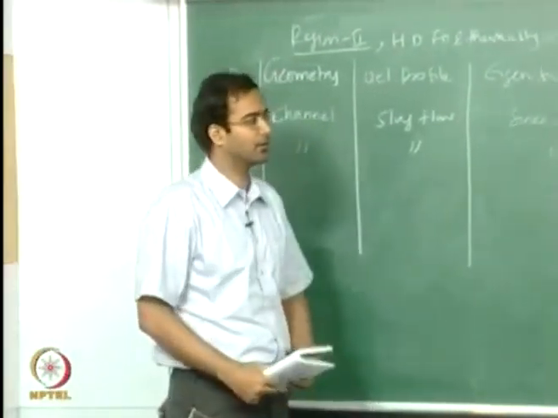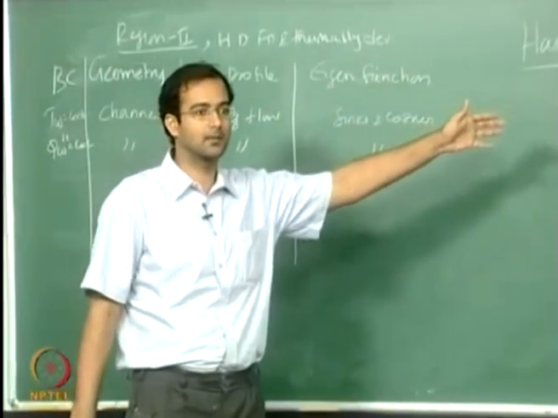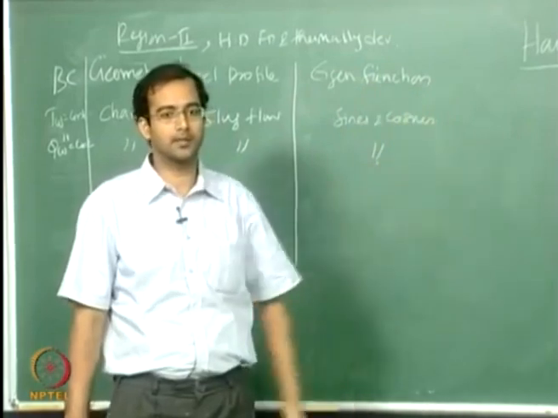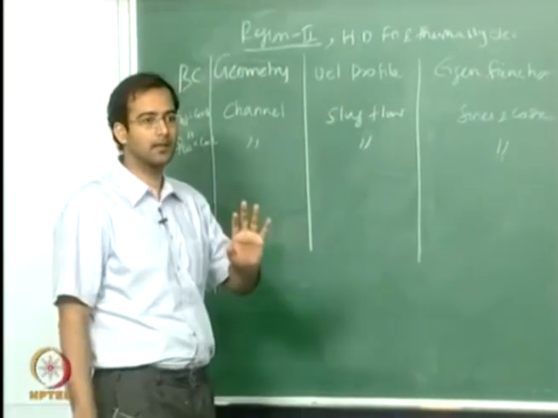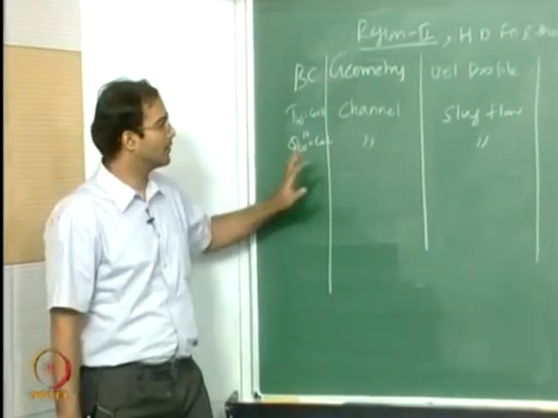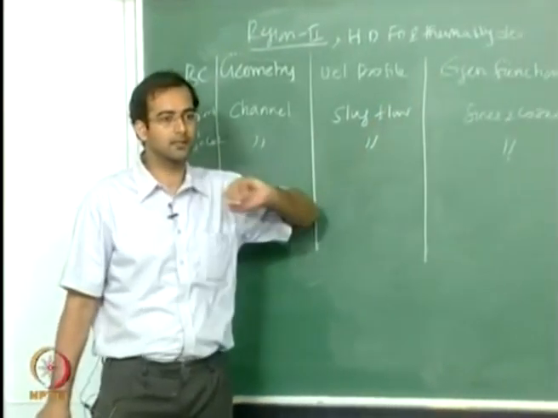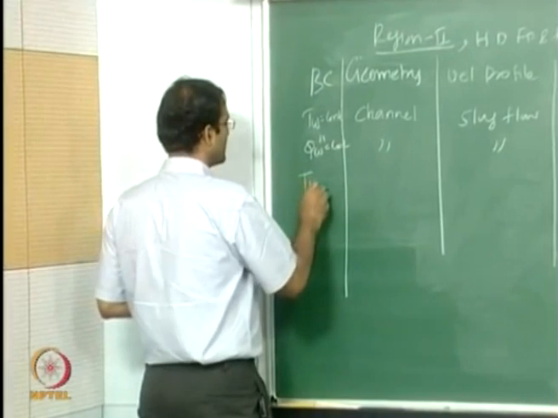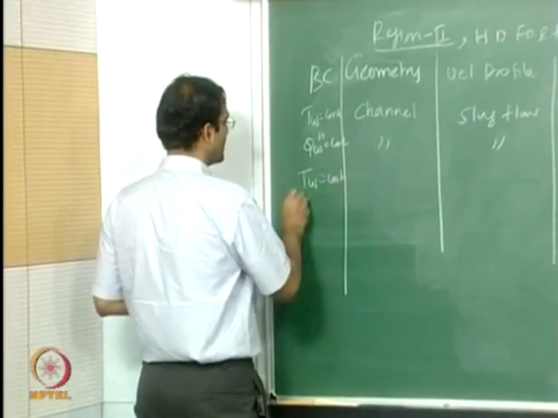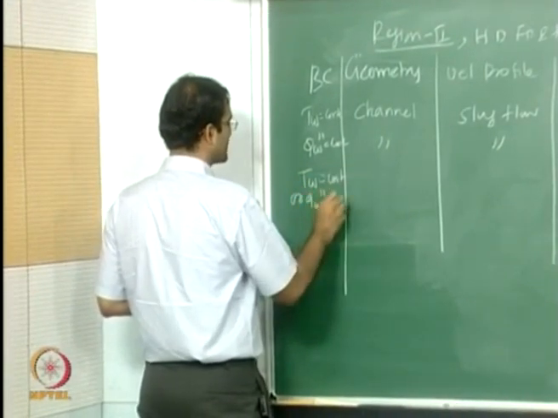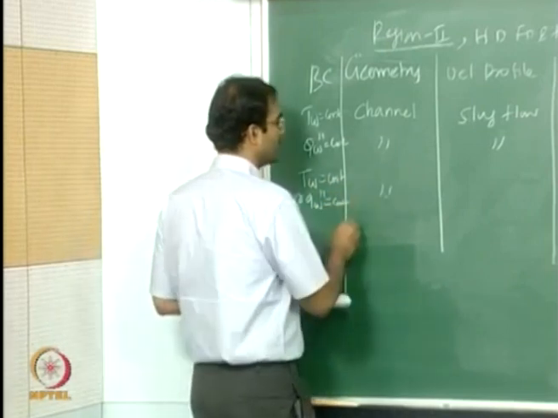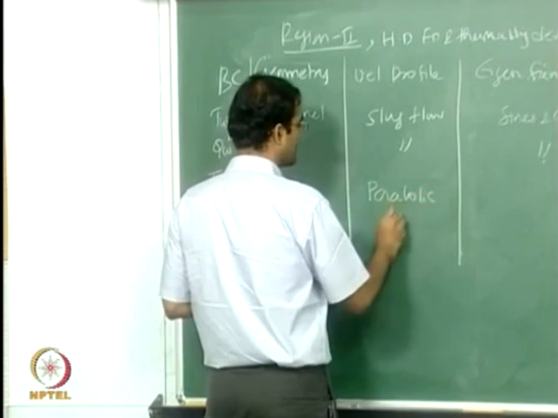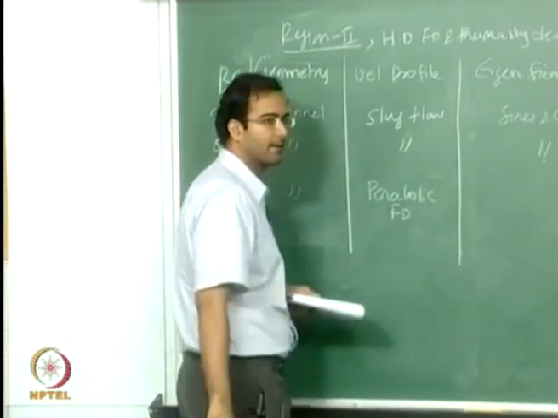Only thing, you have to go by this approach whatever I described. Break up into two independent solutions and a perturbation. The perturbation solution will still be homogeneous. Homogeneous with a slug flow will be still sines and cosines. Now T wall is constant or Q wall is constant, channel flow, but a parabolic or fully developed velocity profile.